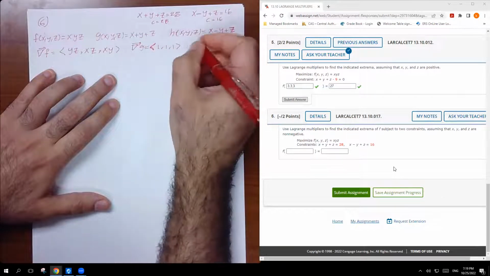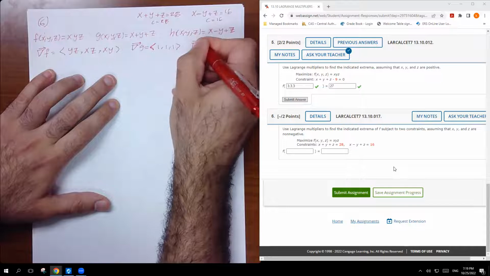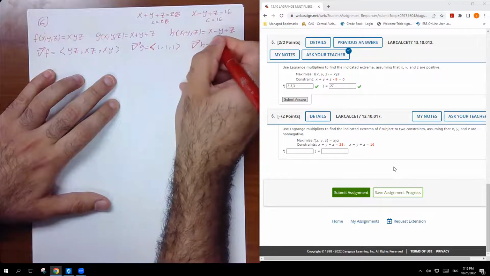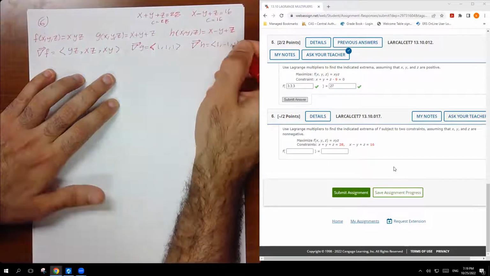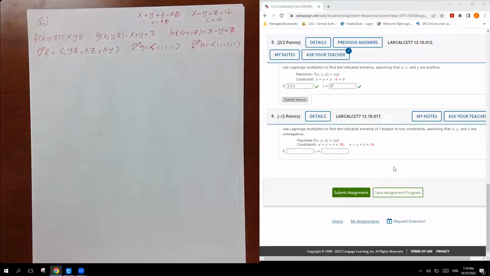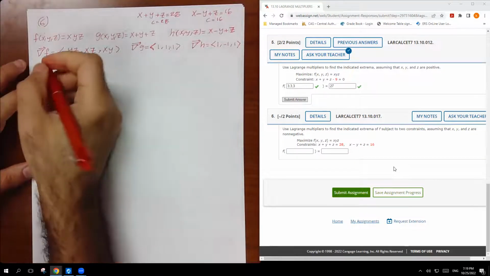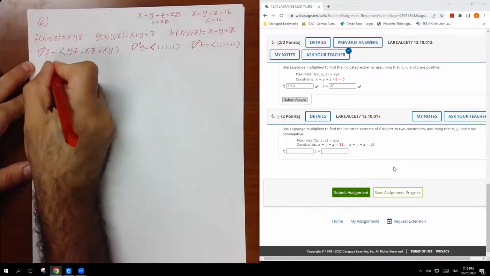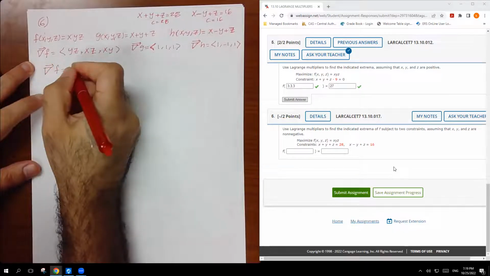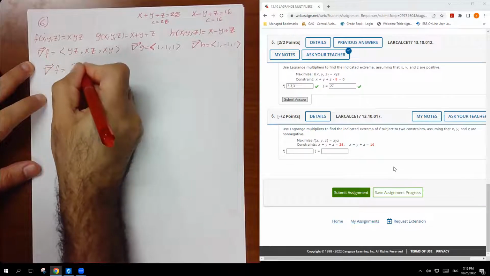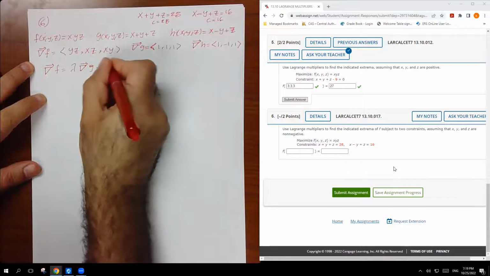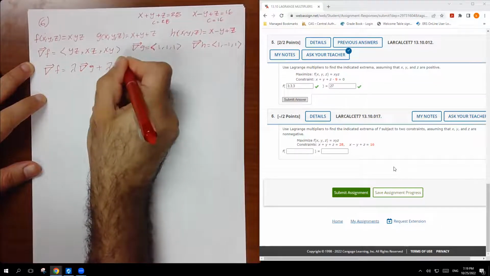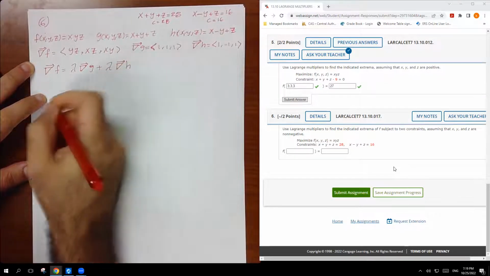And the gradient for h is going to be 1, -1, and 1. Now we're going to use lambda and mu. That means the gradient of f is going to be lambda times the gradient of g, plus mu times the gradient of h.